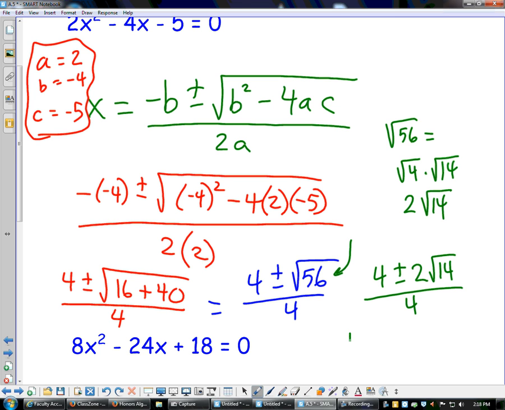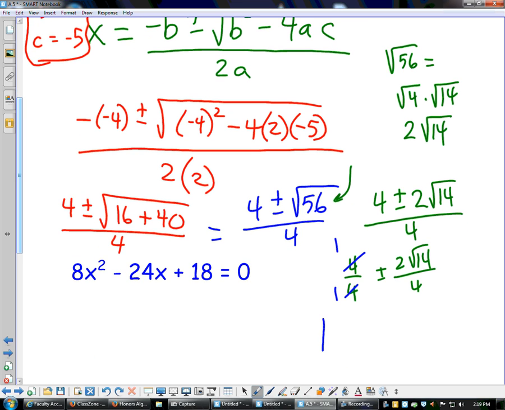It is okay to write this as two separate fractions, so 4 over 4 plus or minus 2 rad 14 over 4. Is it okay to divide out these 4's here? Yes, it is. And we would end up with 1 plus or minus, we can divide out this 2 with this 4 also. So we'd have 1 plus or minus the square root of 14 over 2 as our answer.